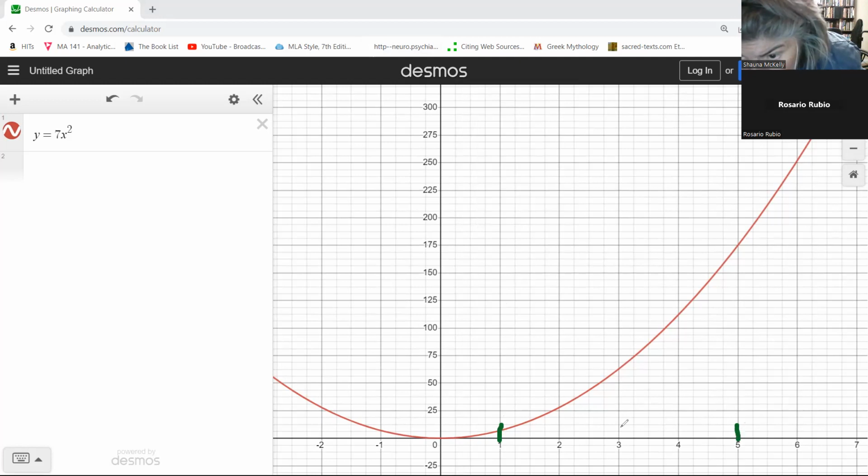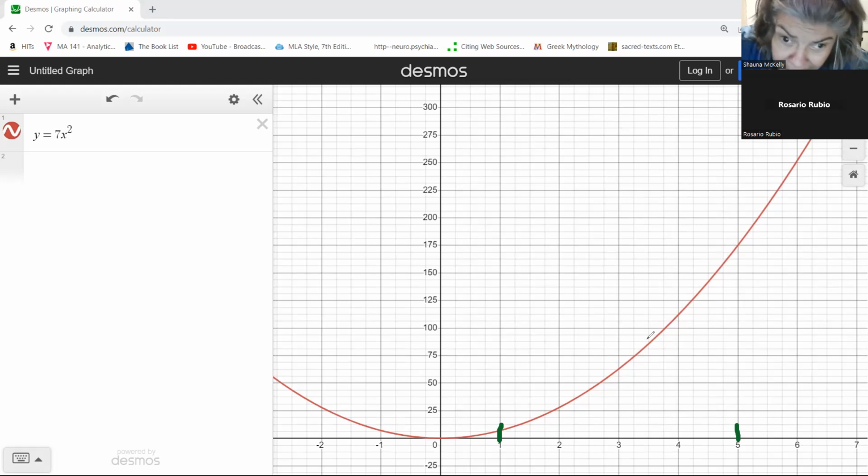So we're looking at this part of the graph. The graph is a parabola. It has a domain of all reals, but we're restricting where we're looking.